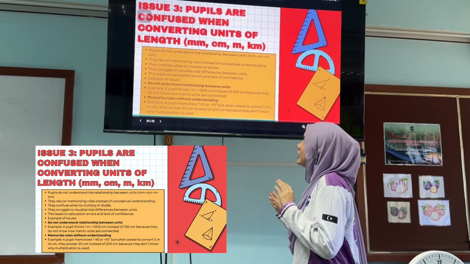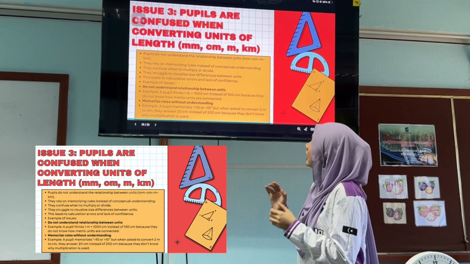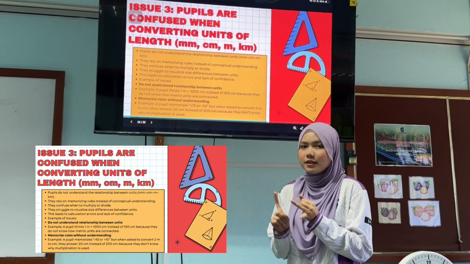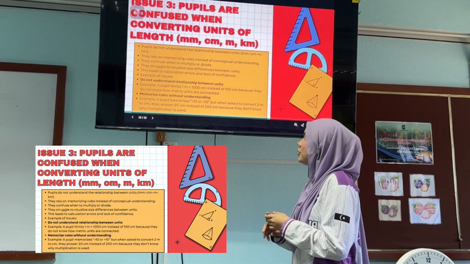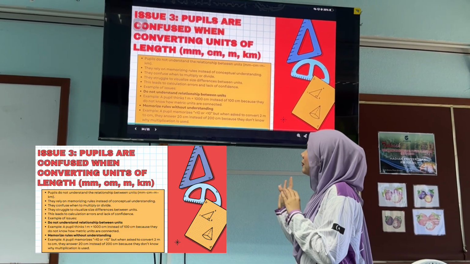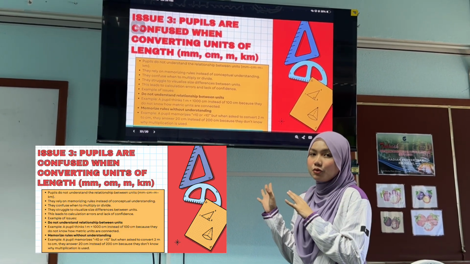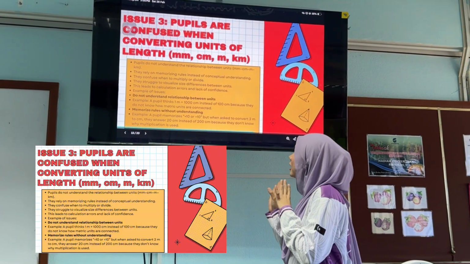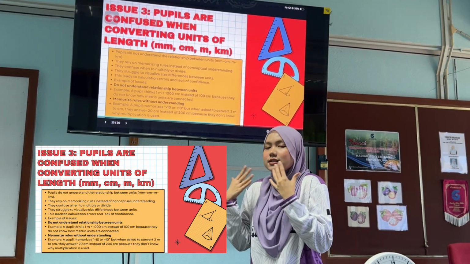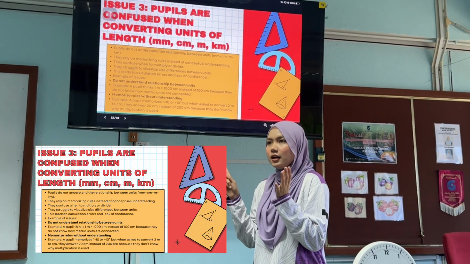So we move to issue 3, which is people are confused when converting units of length, which are millimeter, centimeter, meter, and kilometer. So why do people not understand the relationship between units? Because they rely on memorizing rules instead of conceptual understanding. People always only memorize, not understanding the concept of units.